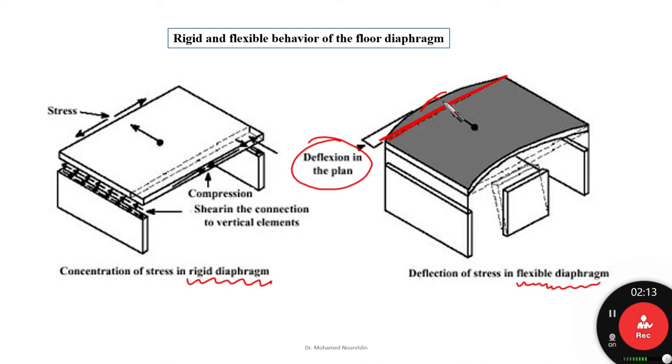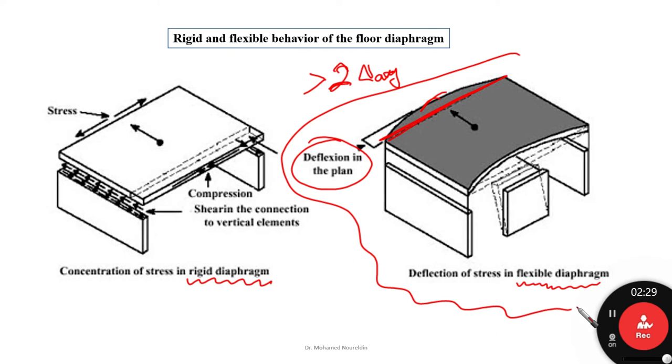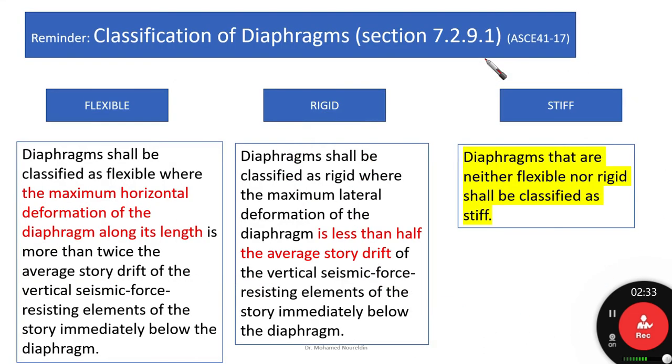So if this deflection is going to be more than the average drift of the entire floor, then we are talking about the case of a flexible diaphragm.